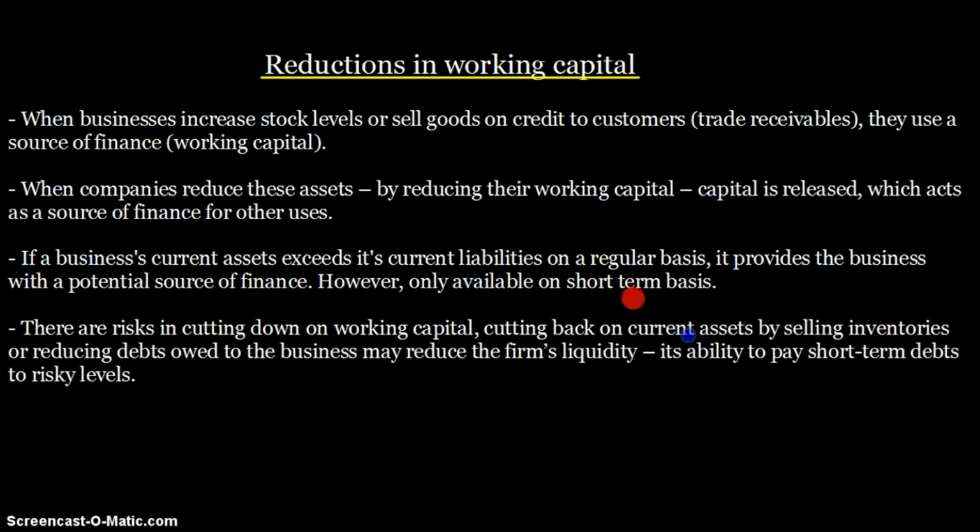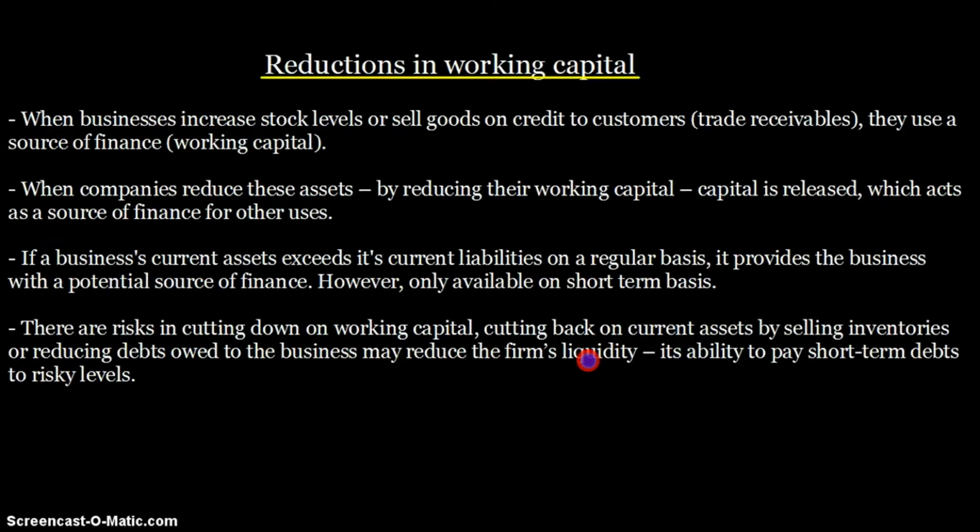However, it is only available on a short-term basis because you can't just regularly cut off your assets, because it is going to reduce your working capital, and reducing your working capital is only good up to a certain level. After that, it will be riskier, because that means you won't be able to pay off your short-term debts. There are risks in cutting down on working capital.